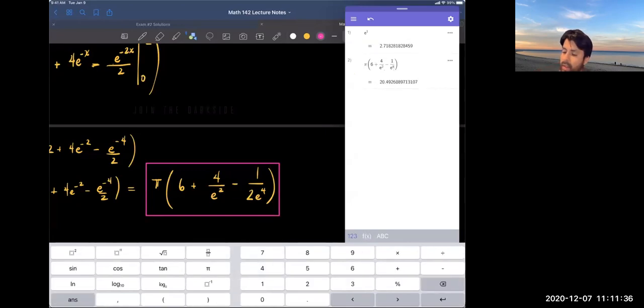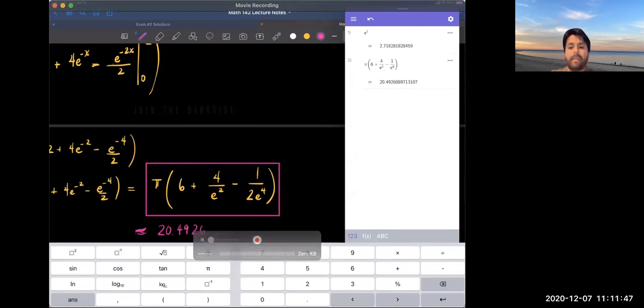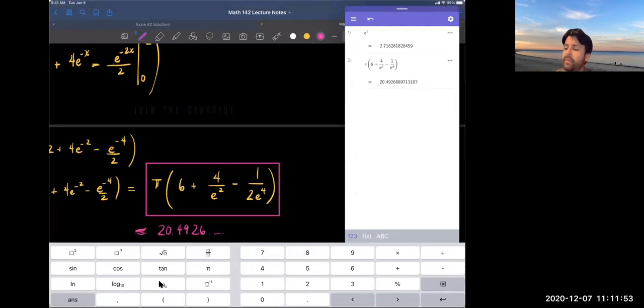So I get 20.4926 dot dot dot dot dot. Right?